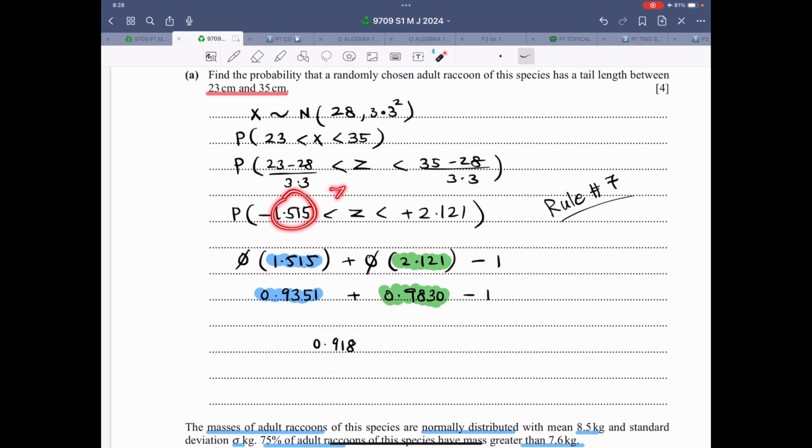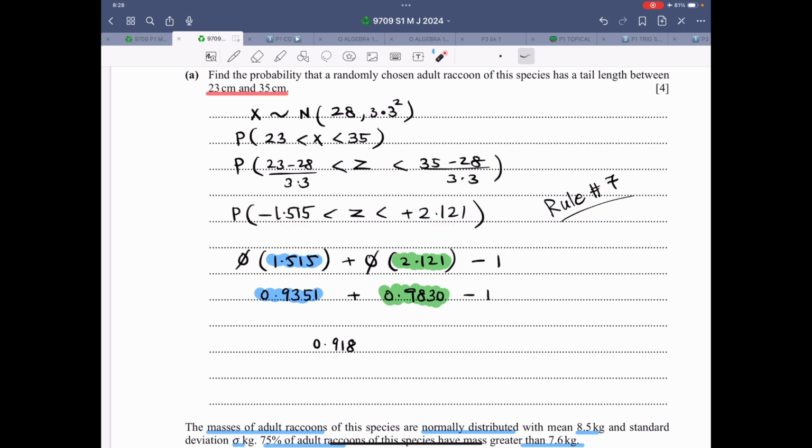Now keep in mind, this is the z value. The table is for 3 decimal places. So basically I read it for negative 1.52 and I read it for 2.12. It's written to 3 decimal places, but the reading will be up to 3 decimal places. So 1, 2, 3. So that is the thing that is to be done.